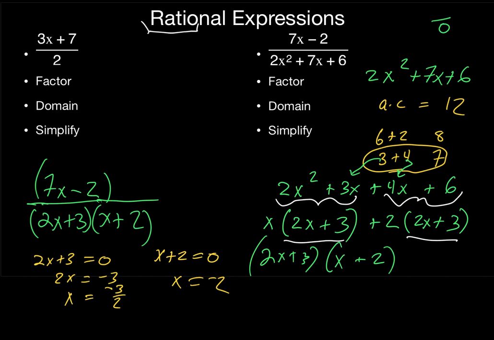So my domain will be from negative infinity up to negative 3 halves. Oh, sorry. Up to negative 2, because negative 2 is smaller. From negative 2 to negative 3 halves, and from negative 3 halves to positive infinity.